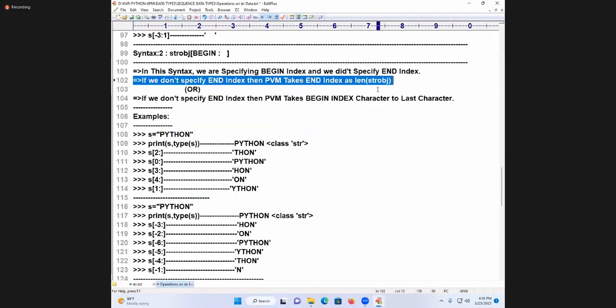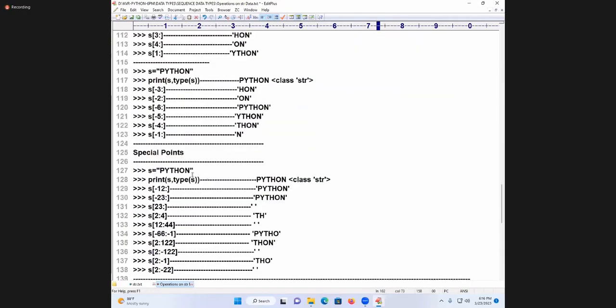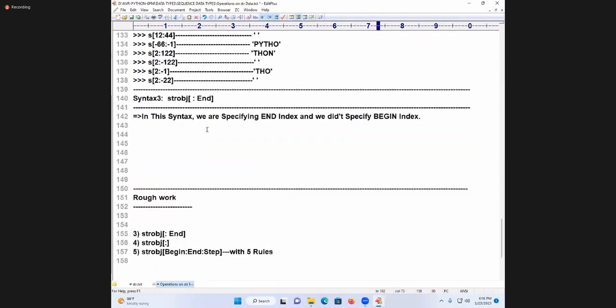If we don't specify the begin index, then PVM takes the begin index as what? 0. Are you following?